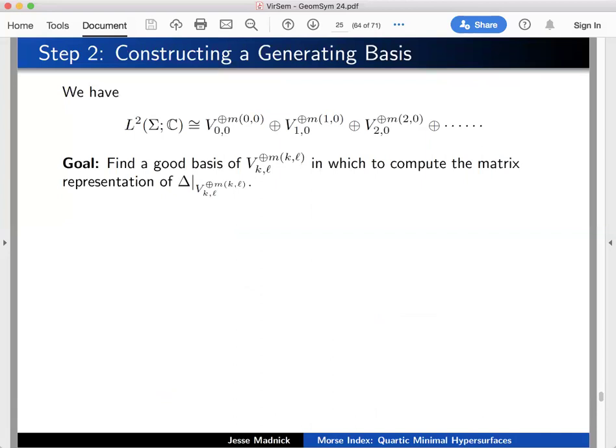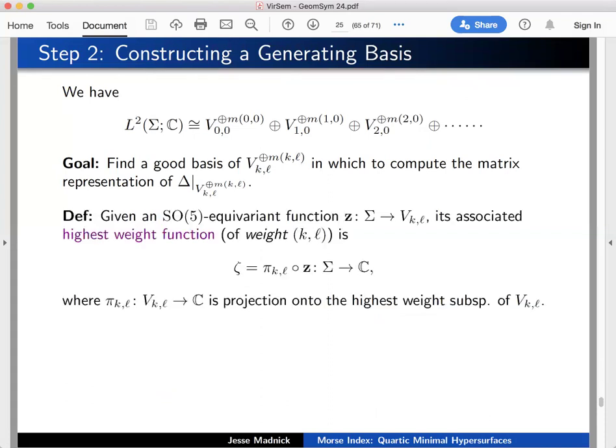So we have this decomposition. If you like, this is a Fourier decomposition of the L2 functions. What we want to do is compute the Laplacian on each of these isotypical summands. But in order to do that, we need a good basis in which to compute the matrix. This is step two, and this is Solomon's technique.